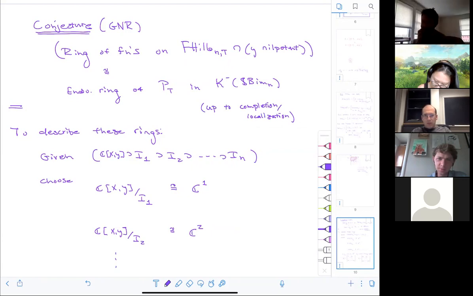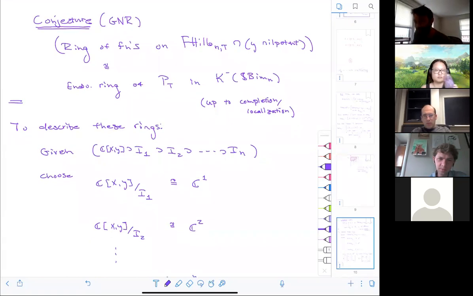The flag Hilbert scheme is not a very well behaved object, and certainly the way I've defined it isn't sufficient to address those issues. But it will motivate the definition of some rings, and then those rings are going to be something that we can compare with Soergel bimodules.